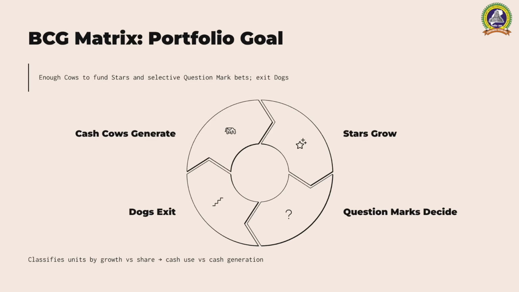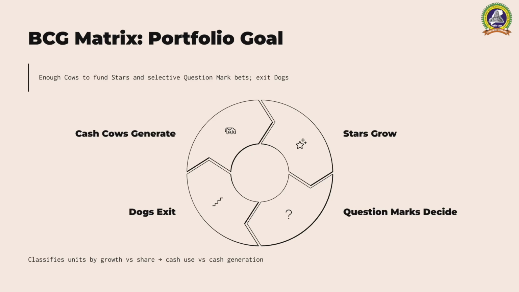Then we have the question marks. High growth market but low market share. These require important strategic decisions: should the company invest heavily to turn them into stars, or should it divest? And finally the dogs. Units with both low market growth and low market share, where the appropriate strategy is usually to harvest or divest.